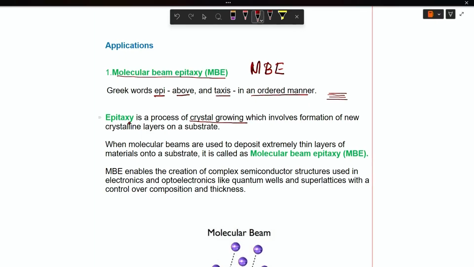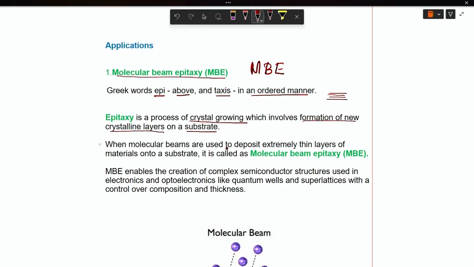With slow evaporation, you will get larger size crystals. In a similar way, epitaxy is a process in which we grow crystals, which involves the formation of new crystalline layers on a substrate.